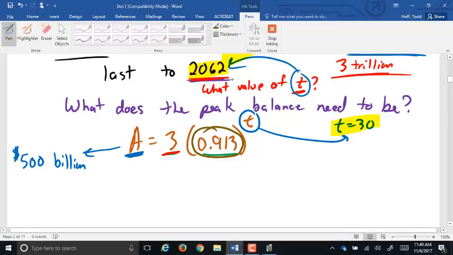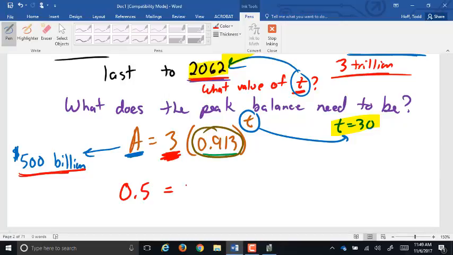So the only value here that can be changed is the 3, that starting amount. So I'm going to replace that with x. So it's still going to be 0.5 for A. That 0.5 comes from the 500 billion, which is half of a trillion, or 0.5 trillion. X is going to be that starting amount.